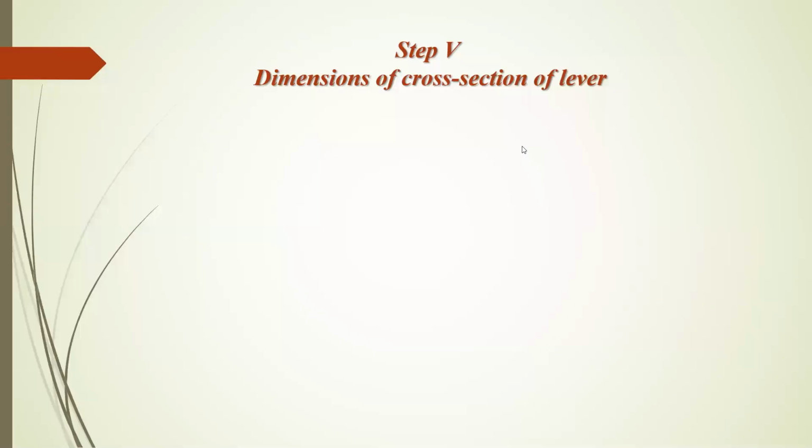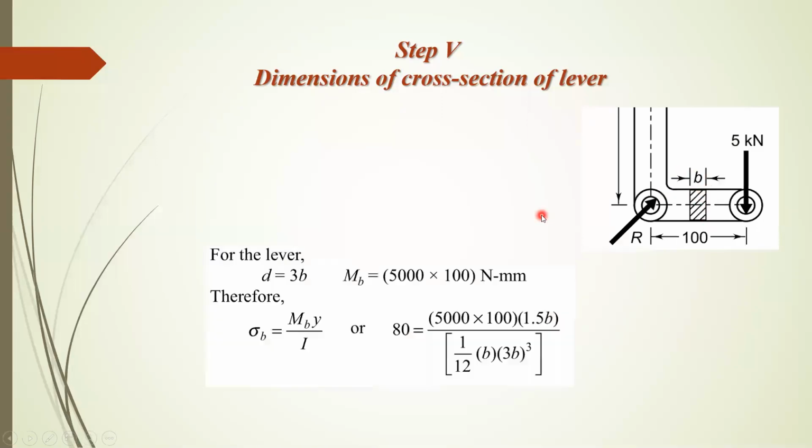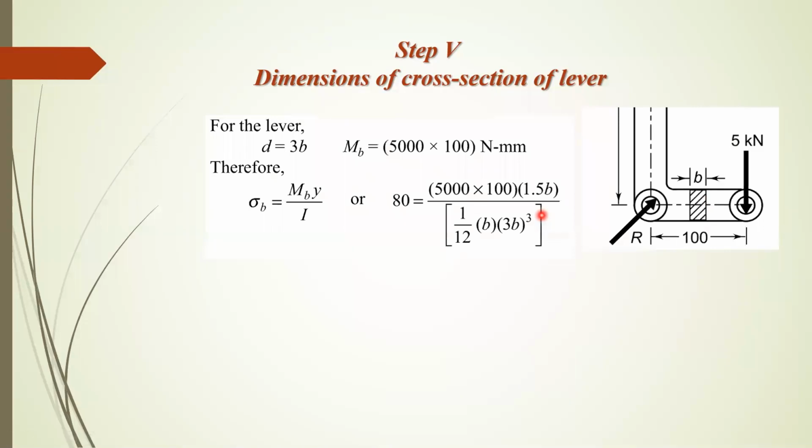To calculate the dimension of the lever cross section, we have to calculate this dimension. This is the width, and this is the thickness, that we need to calculate. By this equation, it is clearly understood that the lever cross section is subjected to a bending moment. Here a force P of 5 kilonewton is acting, and due to that the lever at this section will be subjected to bending stress.